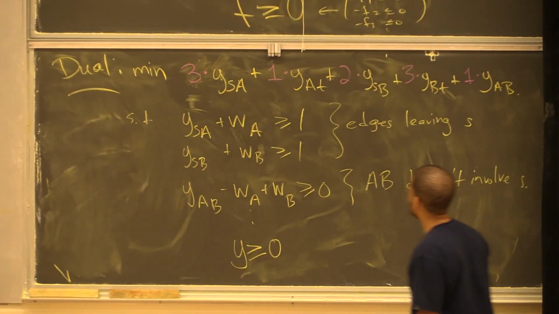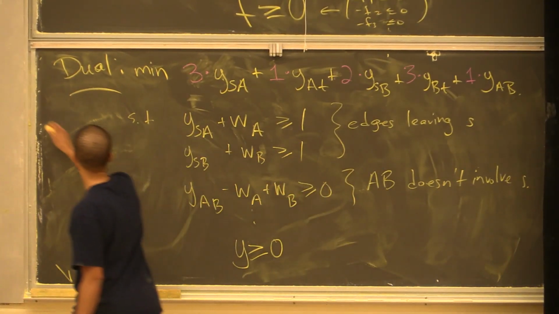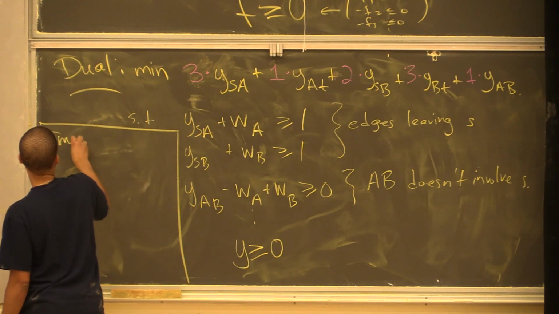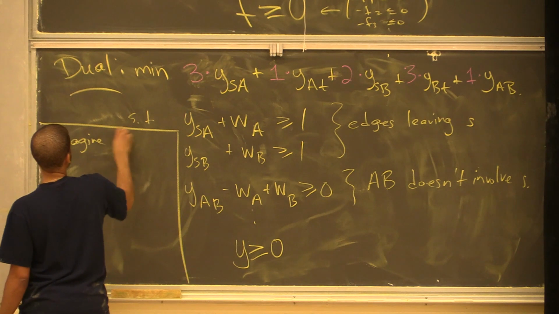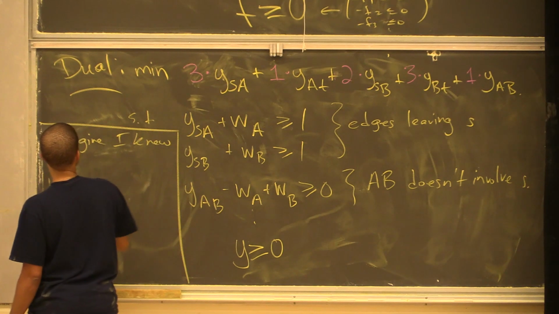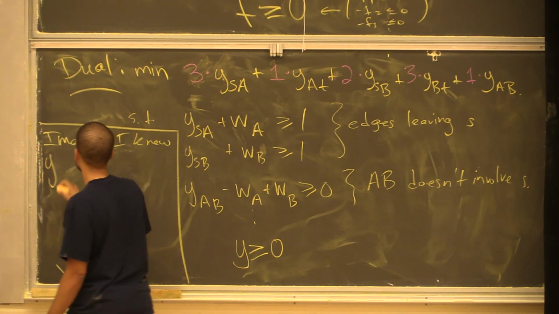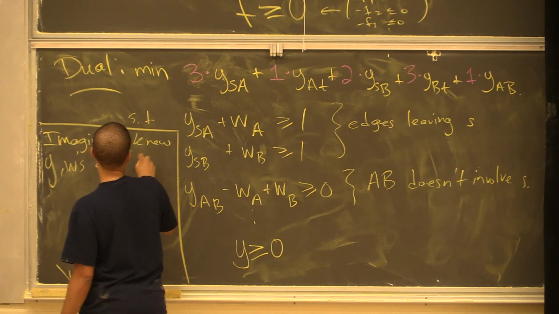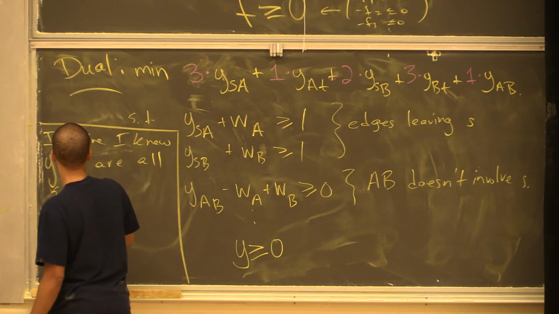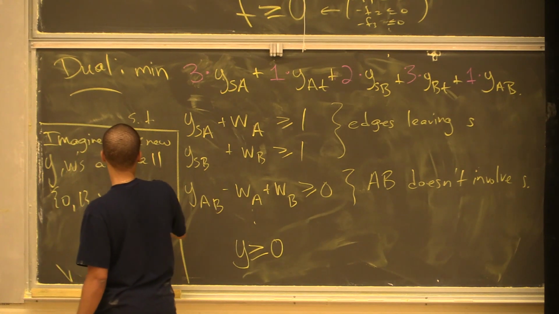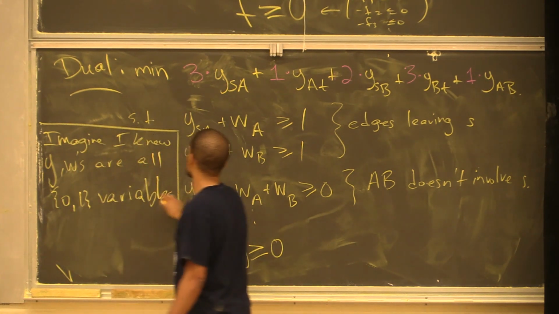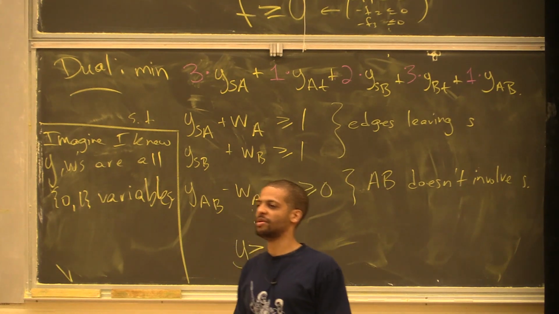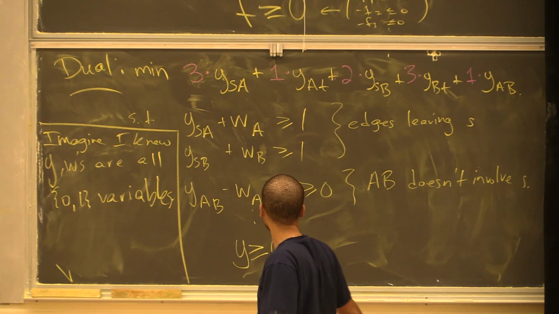Now, imagine I knew that all the y's and the w's are all 0, 1 variables. Of course I don't. In fact, the y's and the w's don't even have to be integers. For all I know, maybe YSA is going to be a third.